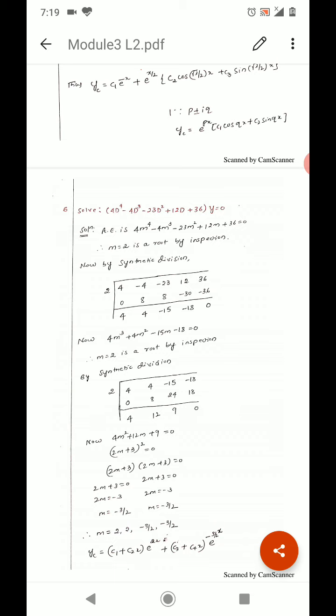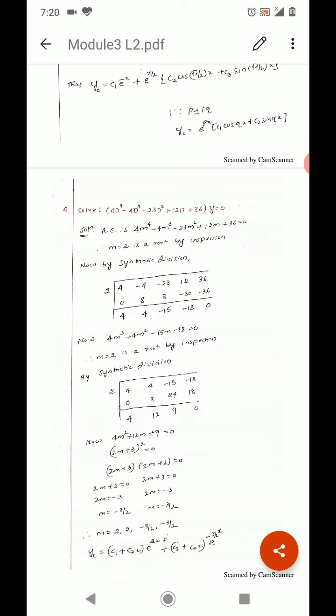So multiply minus 15 with 2, that becomes minus 30. Keep minus 30 below the next term, that is 12, and adding 12 and minus 30 we get minus 18. So minus 18 into 2 becomes minus 36. Putting minus 36 below the next term, that is 36, and adding those terms we get 0.